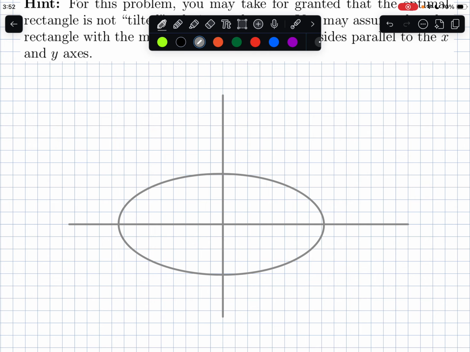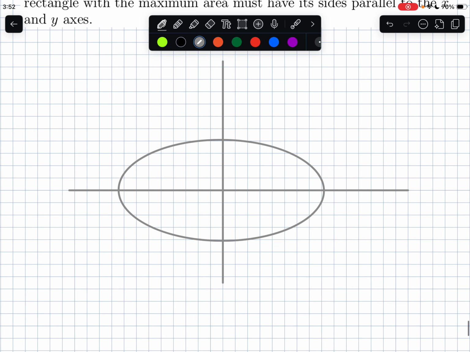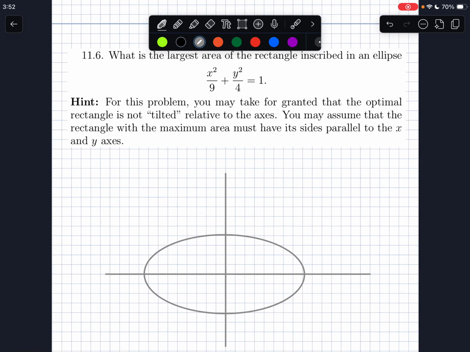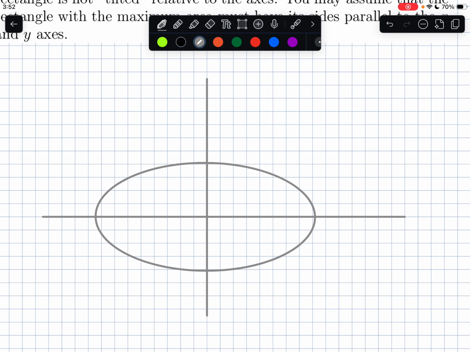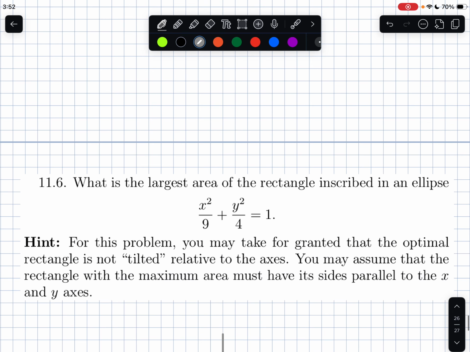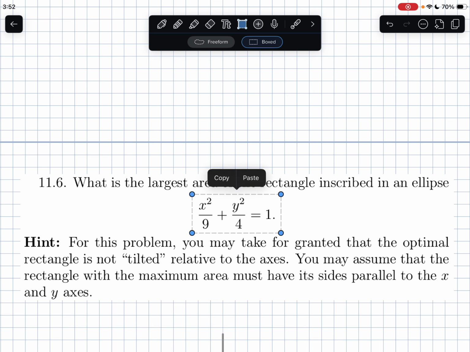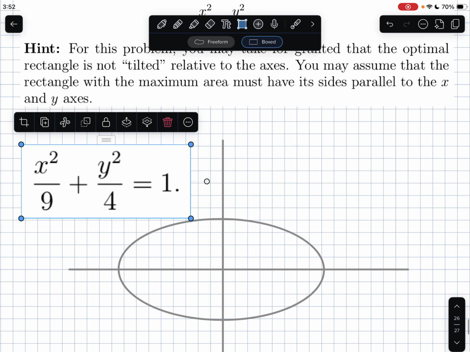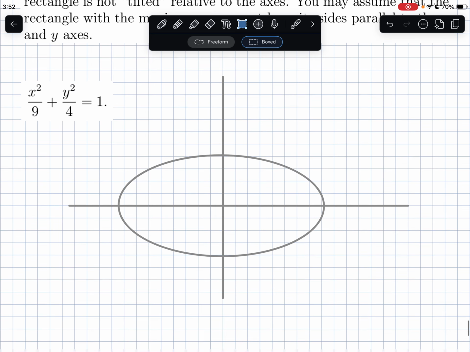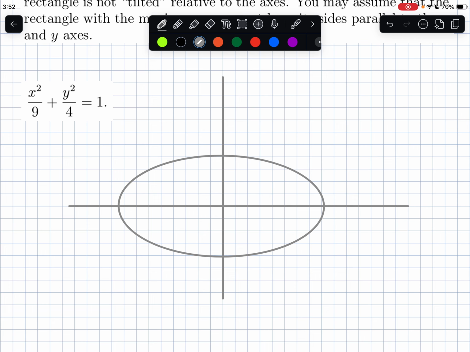So here's our ellipse, 3 and 4. The equation, this one. So here's 3 and 2.